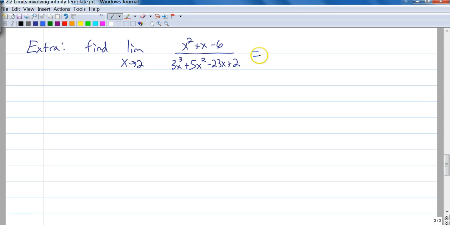If you plug this in, when you're finding at a value, you get 4 plus 2 minus 6 is a 0 on top. And when you do all this, negative 46, this becomes 20 and 24, 44, 46. You get a 0. So when that happens, the next step is you need to try to simplify to cancel out maybe a hole.